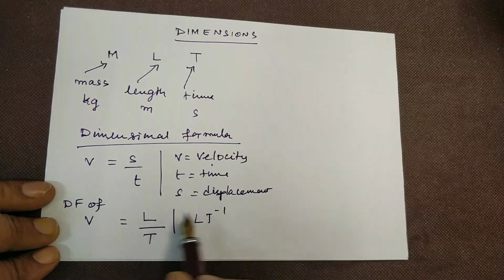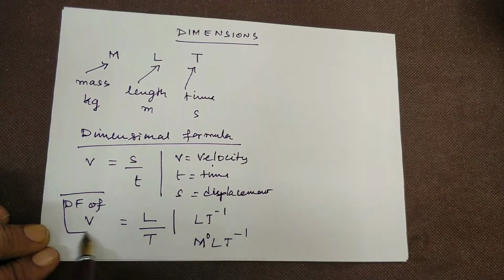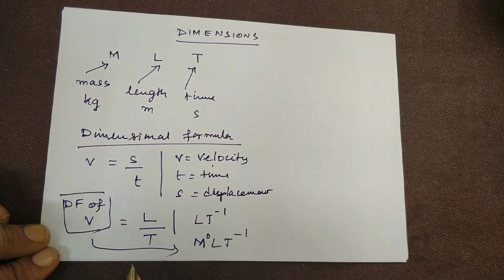The T can be brought here, and there is no M, so you can include M power 0. Anything power 0 is equal to 1. Since there is no mass unit, you can put M power 0. So M power 0, L T power minus 1. This is the dimensional formula of velocity.